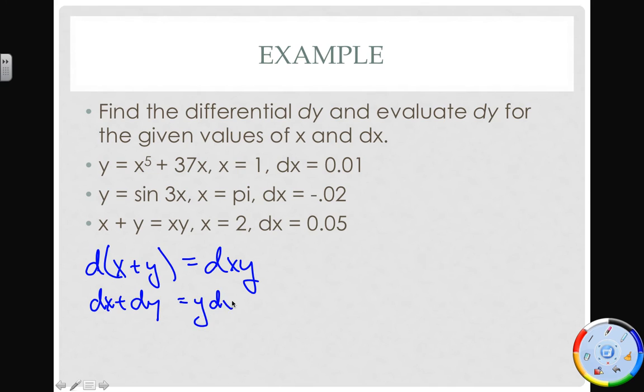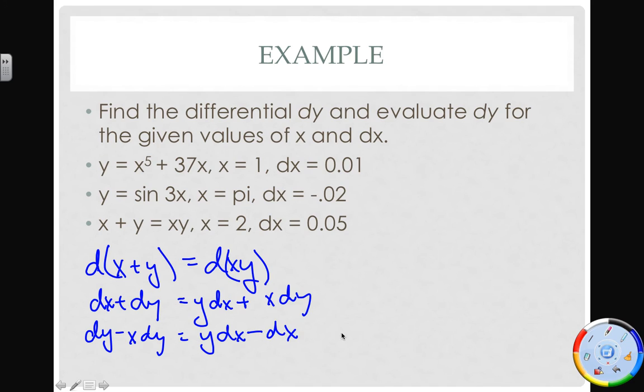So it's y times the derivative of x, y dx, plus x dy. Now it's just the manipulation to get dy by itself. So I can say dy minus x dy is equal to y dx minus dx. That's a simple manipulation there.